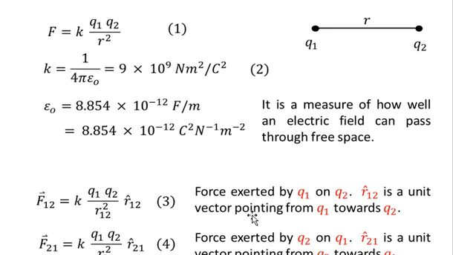R12 is a unit vector pointing from Q1 towards Q2. So the unit vector R12 is actually a unit vector pointing in the direction of Q2 from Q1. So you may regard F12 as the force exerted by charge Q1 on charge Q2.